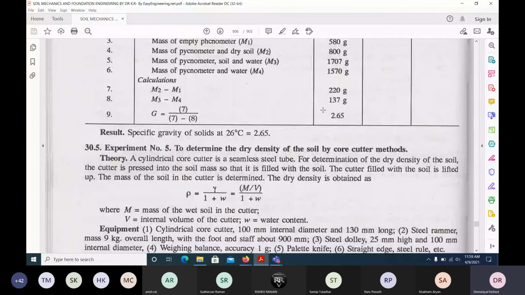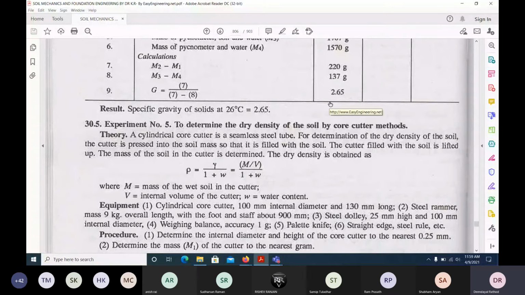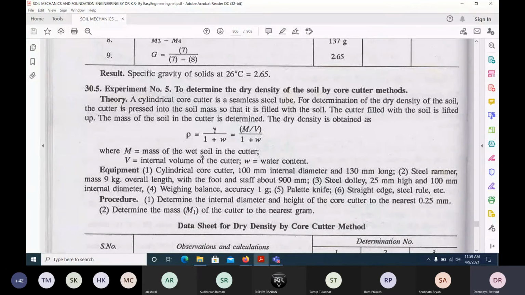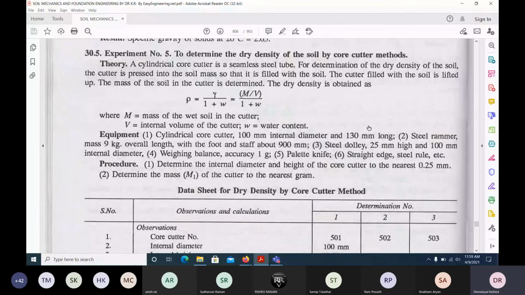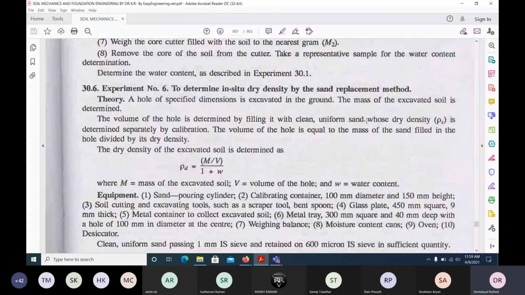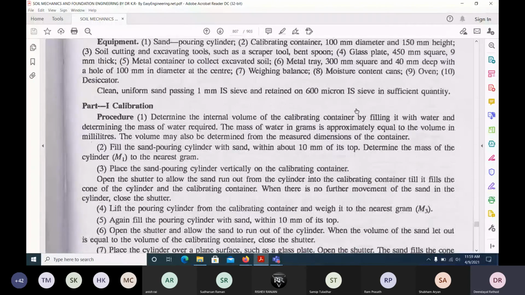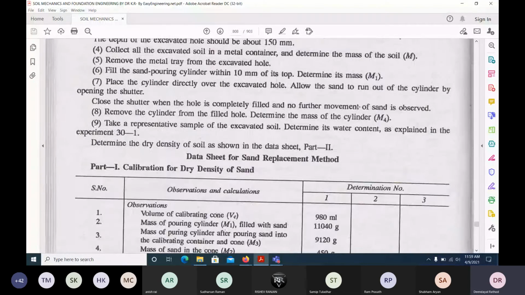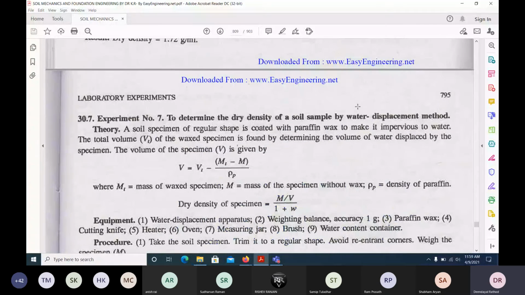Then we have seen a video to determine the dry density of a soil by the core cutter method. Once you know the water content and the bulk density, we can easily find the dry density. Then determining the in situ density by the sand replacement method, to measure the volume, which we have seen.